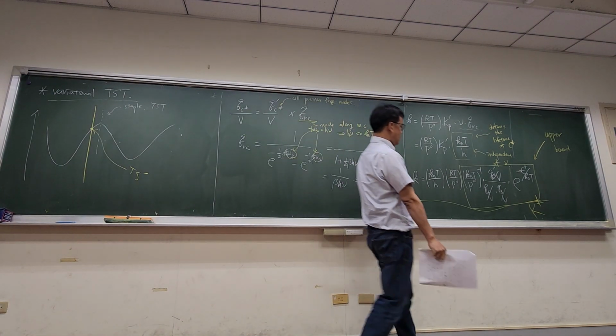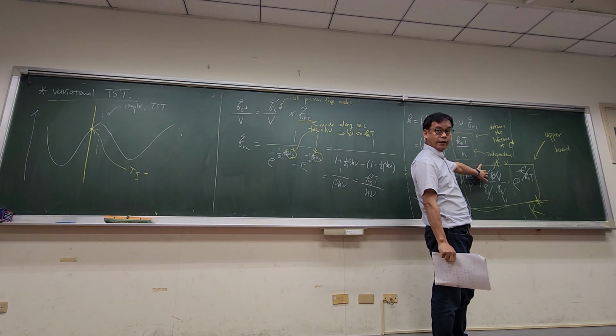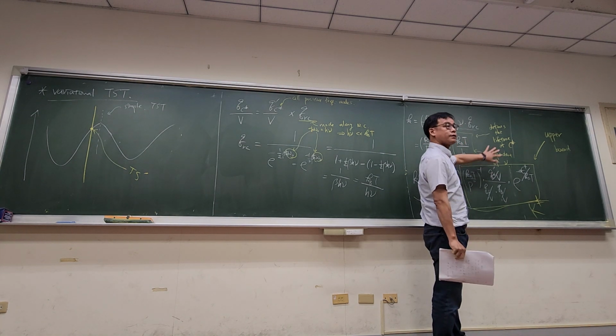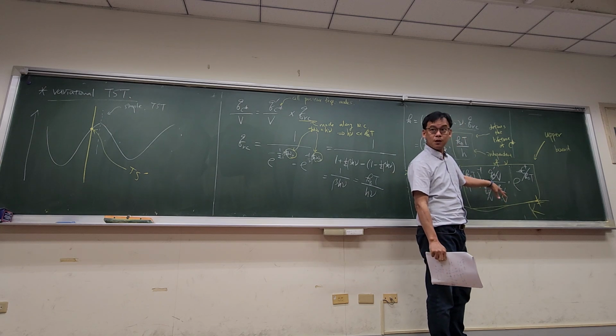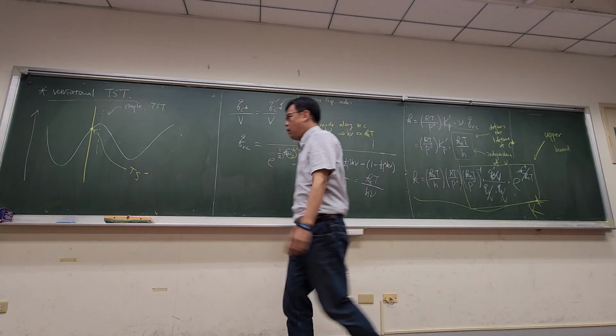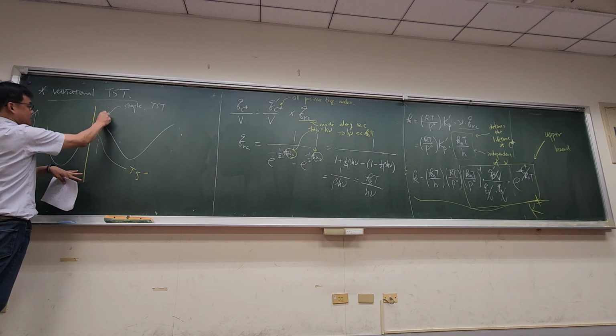Basically, this is the same, this is the same. You recalculate the partition function here, right? So you calculate another rate. You can change this. You can even move this line here.